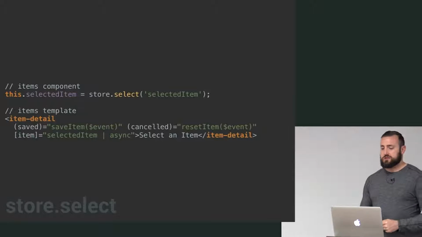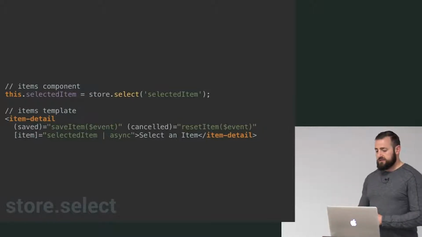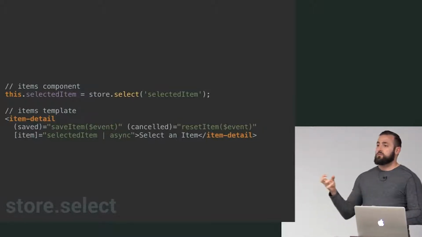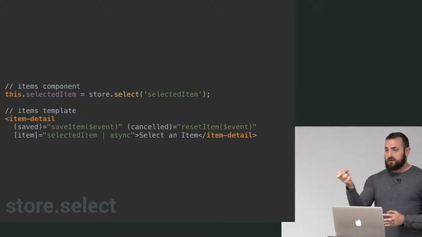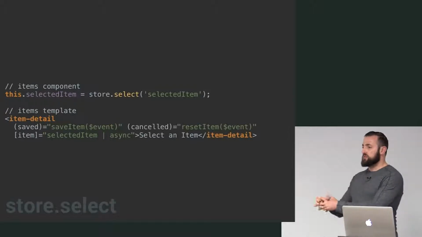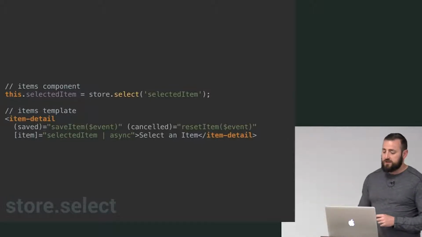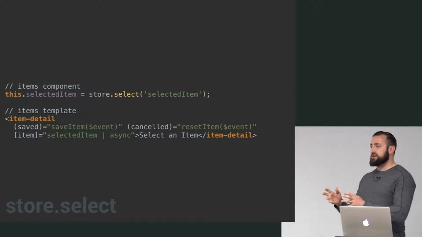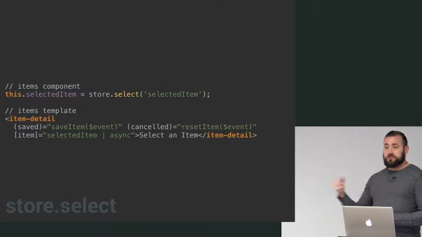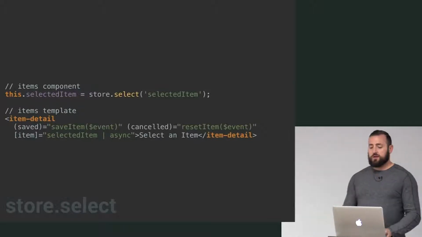And so it's store.select, selected item. It basically takes the state of selected item and wraps that in an observable. And then in your item details component, you can pass that in and bind to it. So anytime the selected item changes, it will automatically update.